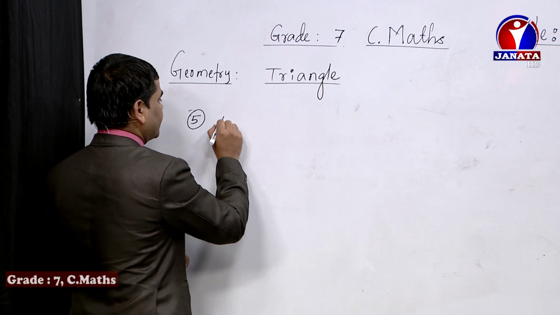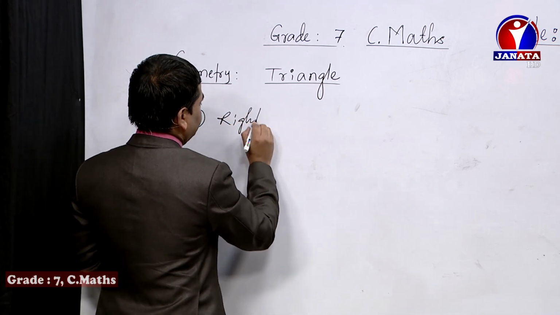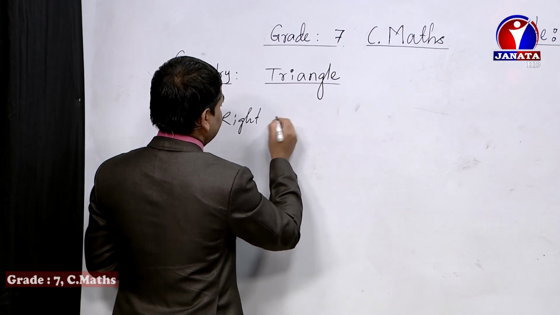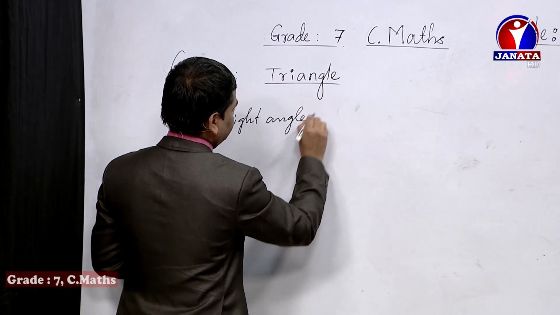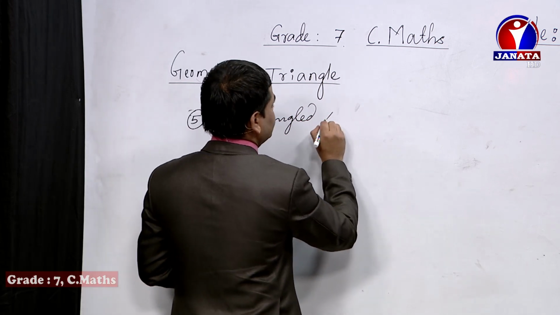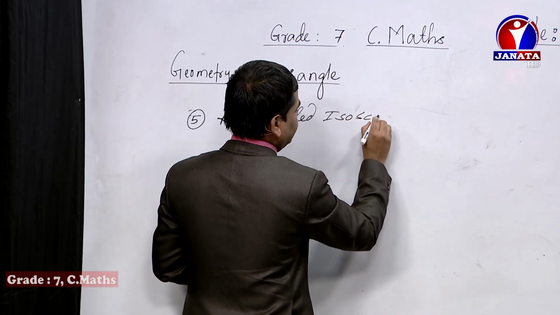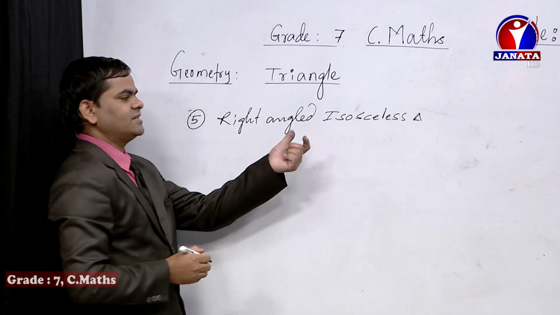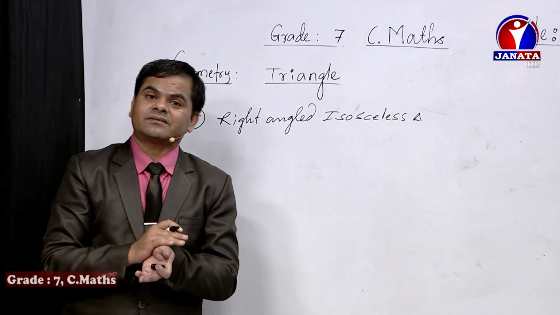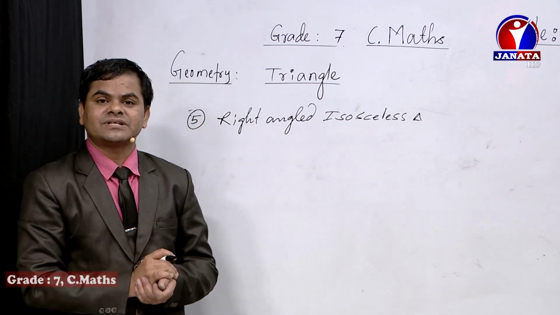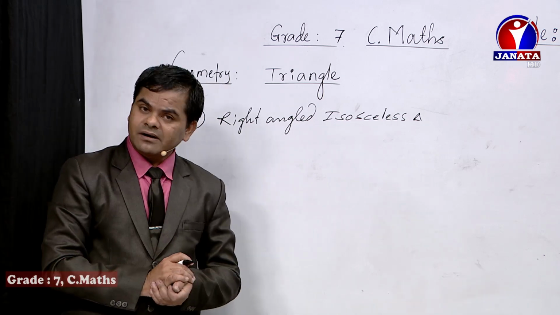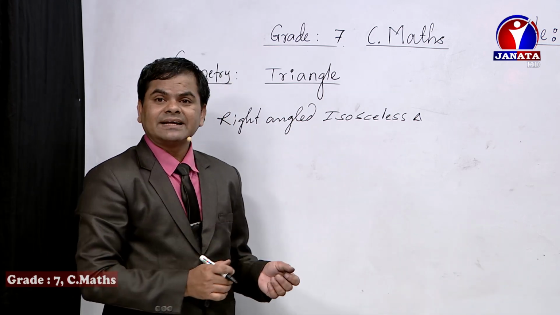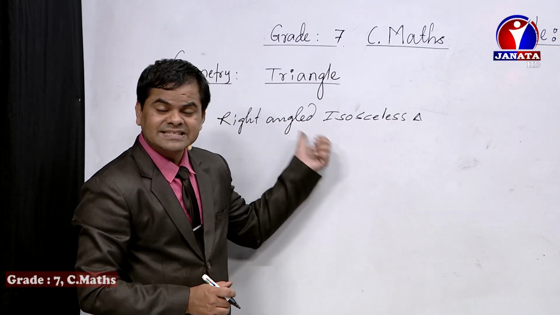That is the right angle isosceles triangle, which has the properties of a right angle triangle plus the properties of an isosceles triangle. Both triangles' properties can be seen in this type of triangle.